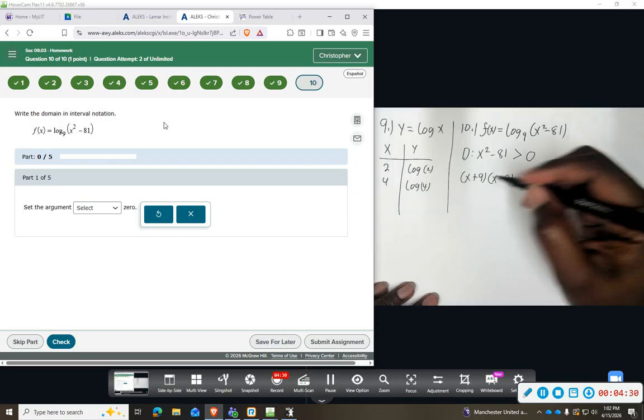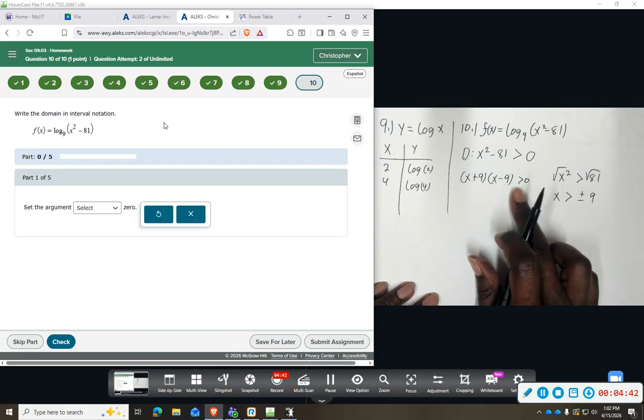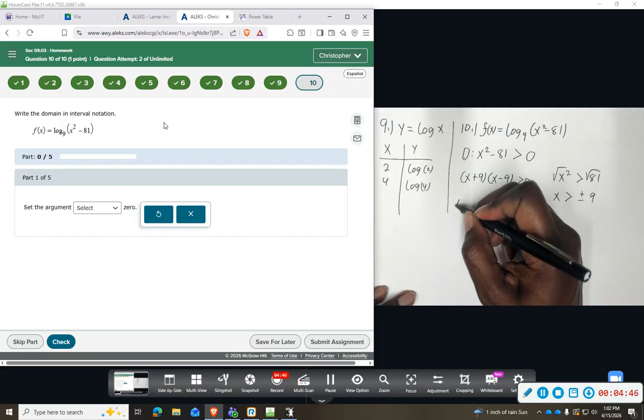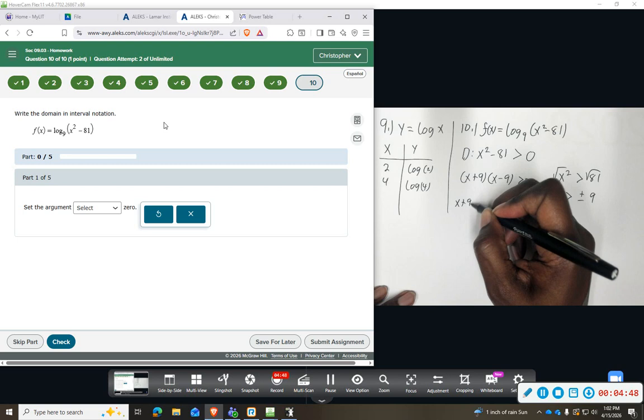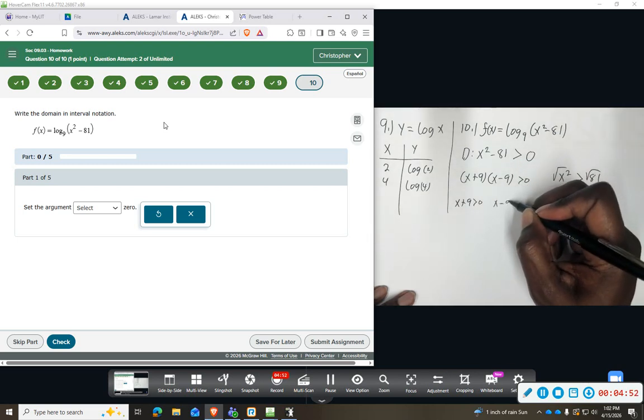And then we could take square root on this side, and this will give me x has to be greater than positive or negative square root of 81, which is 9. And then over here we will be setting them greater than 0. So x plus 9 needs to be greater than 0. X minus 9 has to be greater than 0.